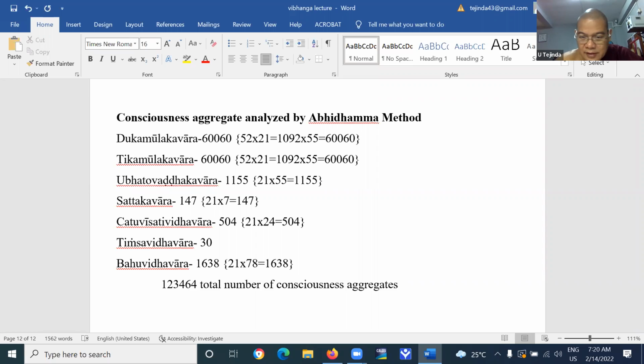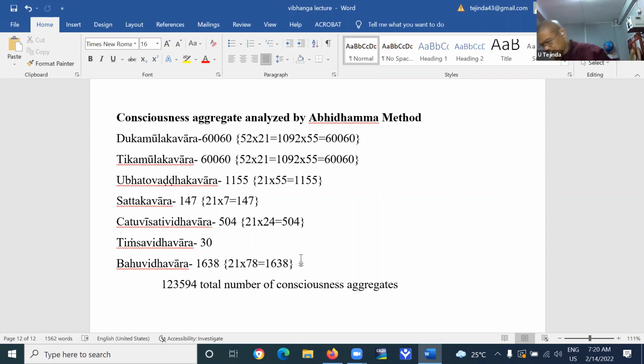You see, I have the translation book also with me, but the translation book also says the same as the Atthakatha. So he gave the same number there.